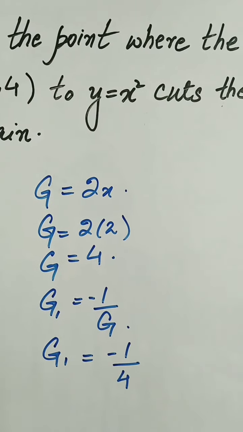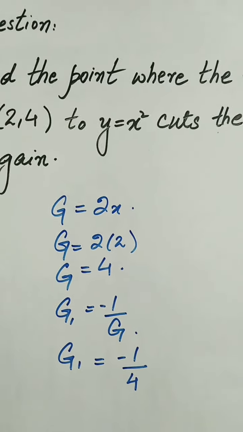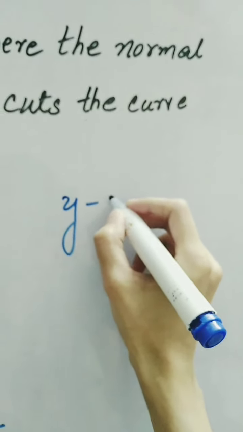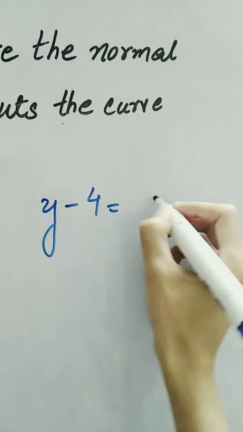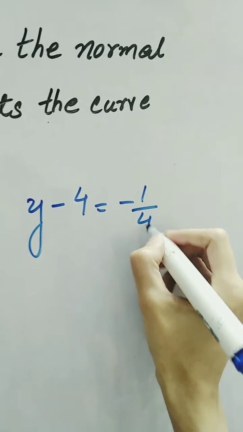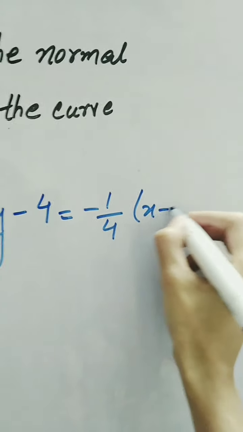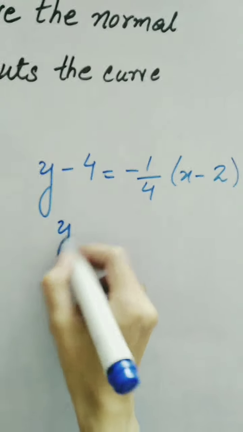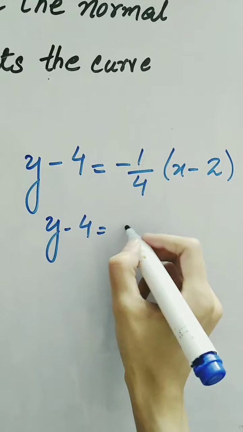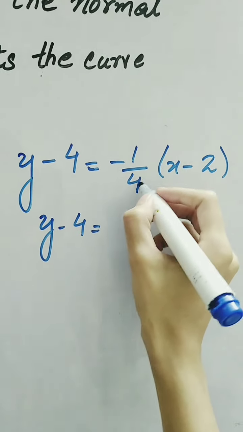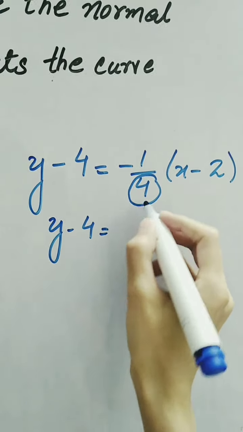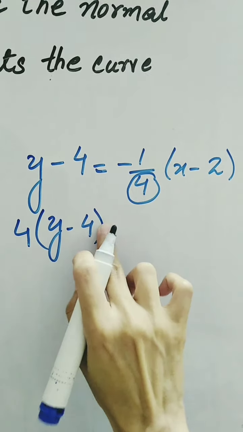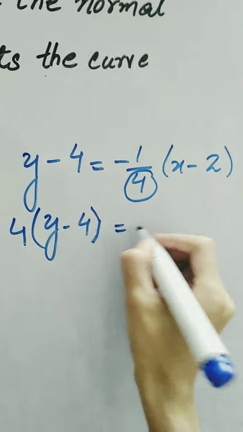Now with the help of the gradient and coordinates, we will find out the equation, which is y minus y1, which is given as 4, gradient is minus 1 over 4, x minus x1, which is given as 2. Further solving, we will have y minus 4 is equal to, as this 4 is in the denominator, if we move it here, it comes in the numerator and gets multiplied with the expression y minus 4.